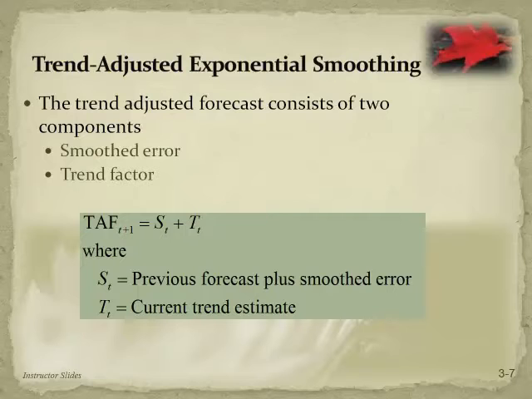We have the smoothing factor alpha, which we have talked about before with single exponential smoothing, and we also have another smoothing factor we'll refer to as beta. So the trend-adjusted forecast is equal to the forecast plus the smoothing error plus a trend estimate.